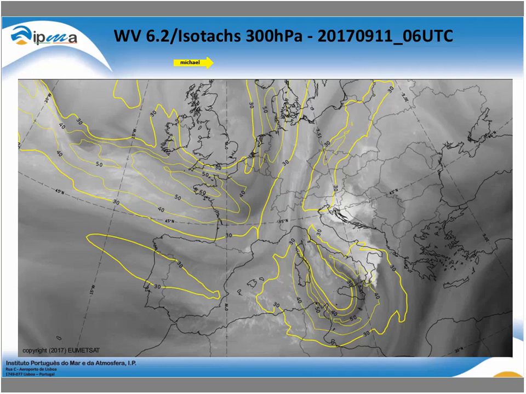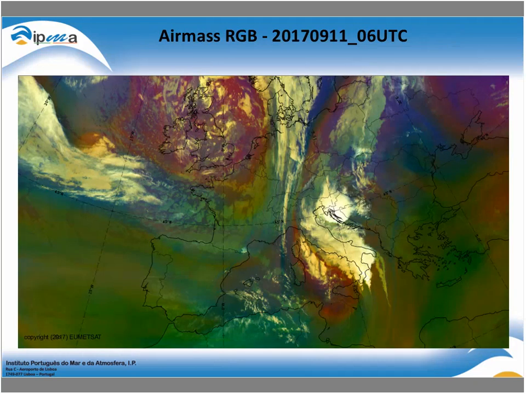Usually the dark colors are associated with the jet stream. We can also use the Airmass RGB.